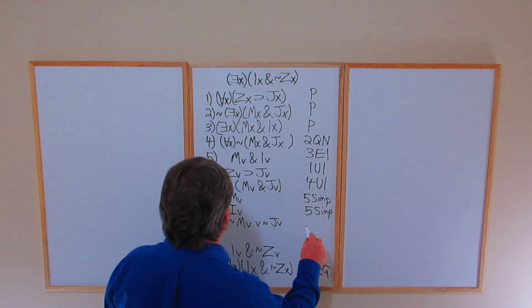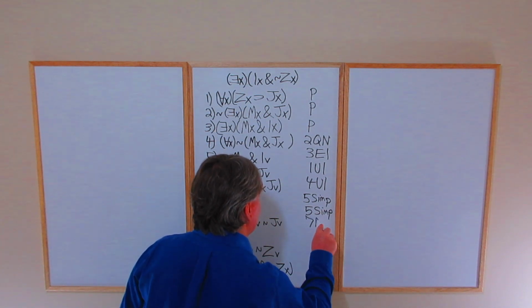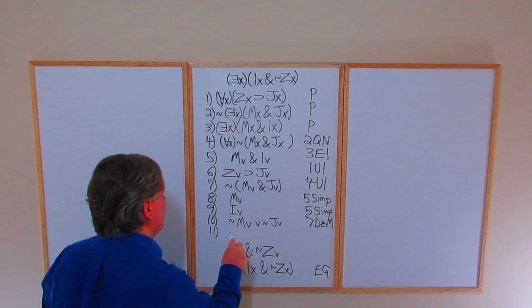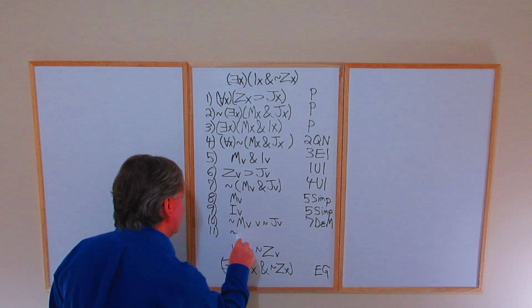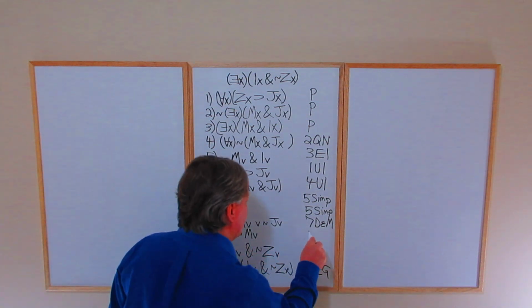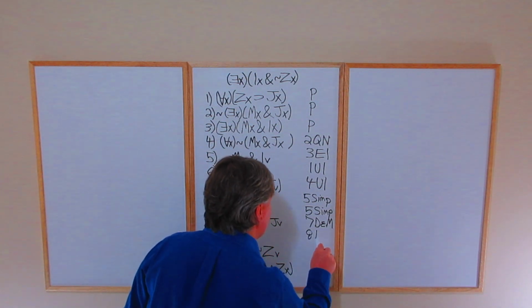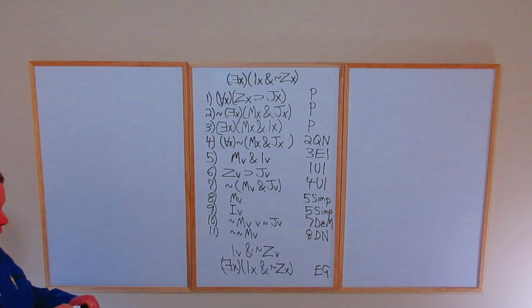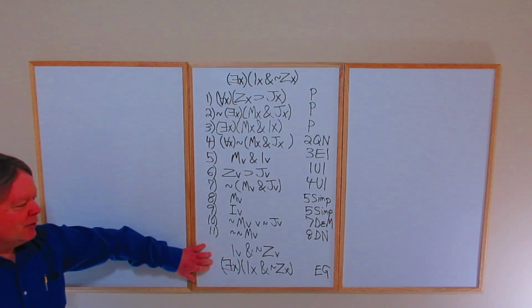Then, so that's 7, De Morgan's. Now we will do 8, double negation, setting up for the disjunctive syllogism.